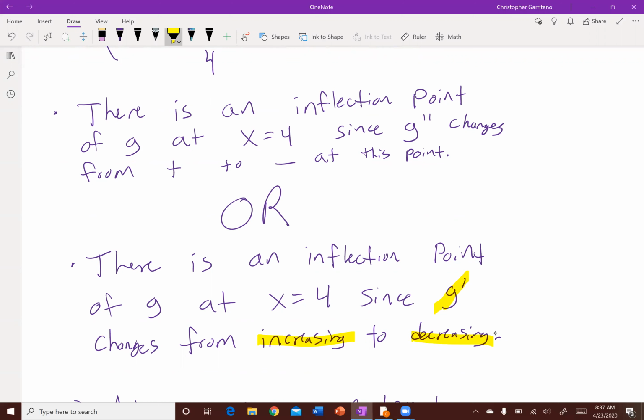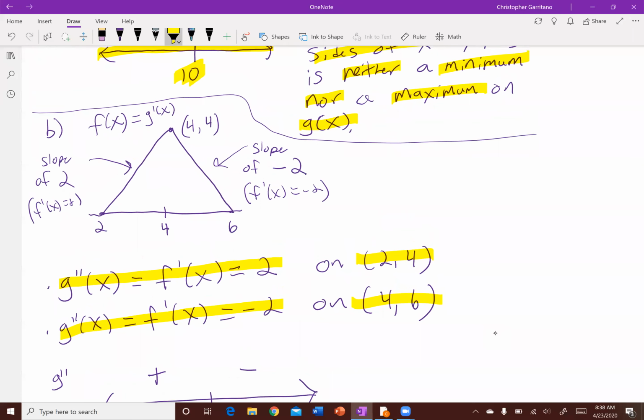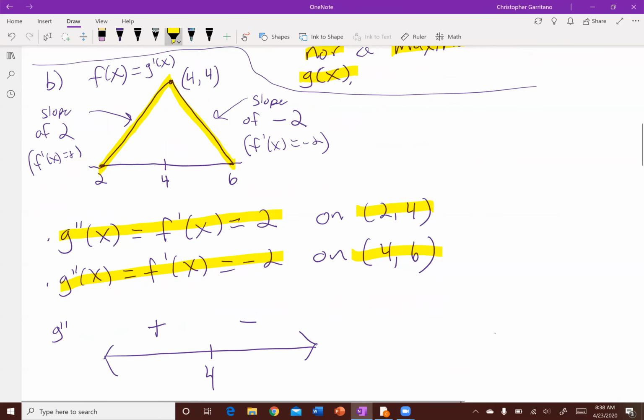So I can make my argument in terms of just the derivative of g, which is f. And we can see here that f from 2 to 4 is increasing, and then from 4 to 6 is decreasing, right? So either one of these arguments is fine. Just make sure you're showing your work for any one of them.